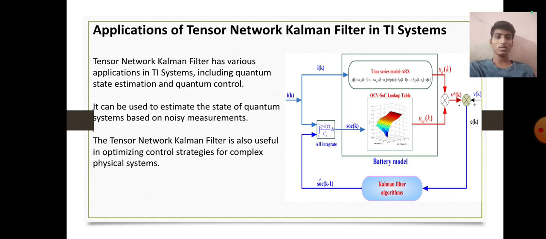It can be used to estimate the state of a quantum system based on noisy measurements. The tensor network Kalman filter is also useful in optimizing control strategies for complex physical systems.